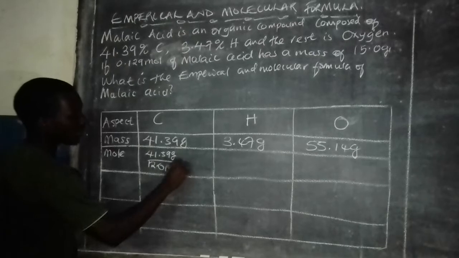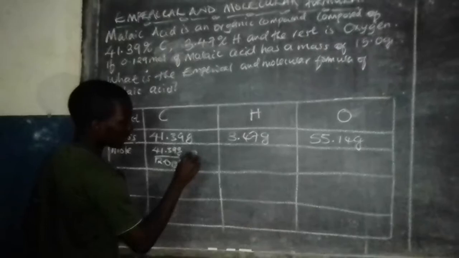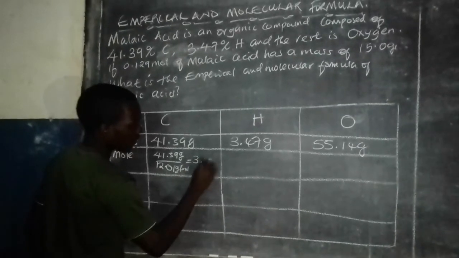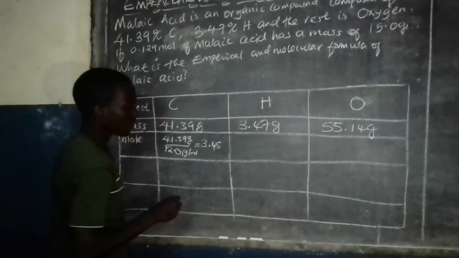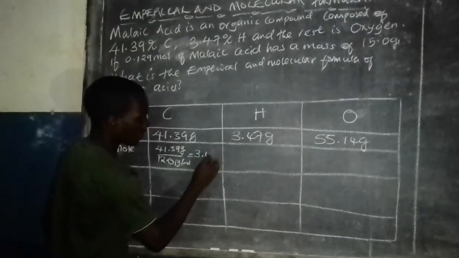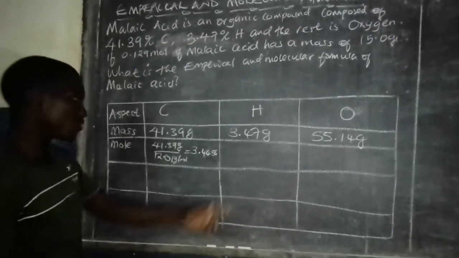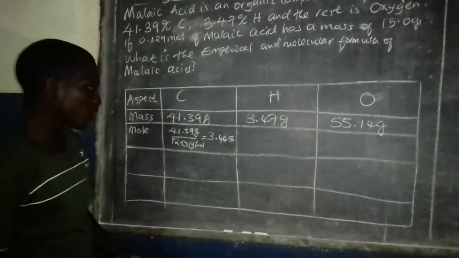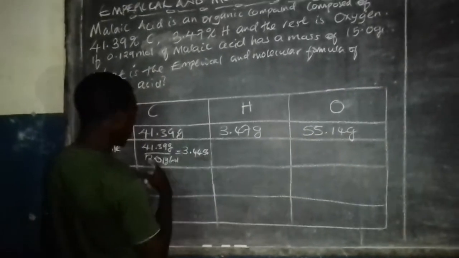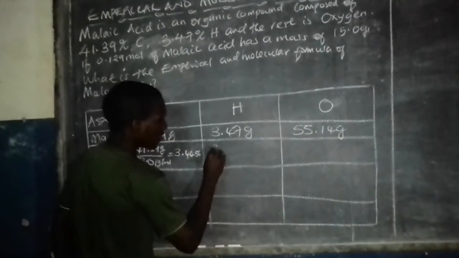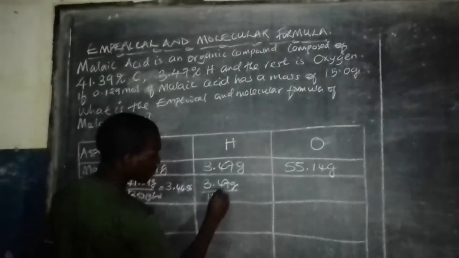And that gives us 3.4456 moles, to four decimal places.